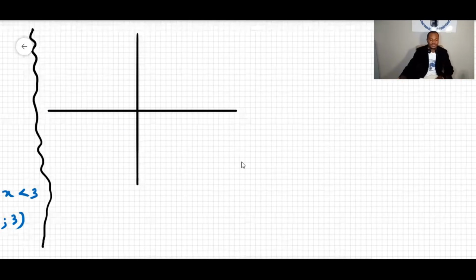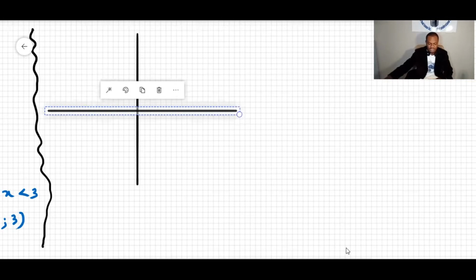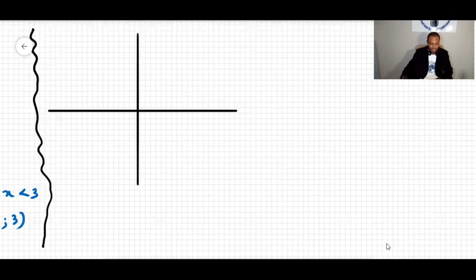Now from the graph here, in the previous question we found the stationary points, which were 1 and 3. Because of space, let's say 1 is here, and then 3 is somewhere there.